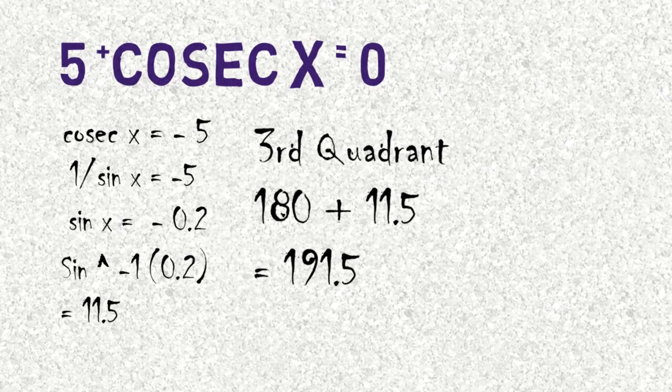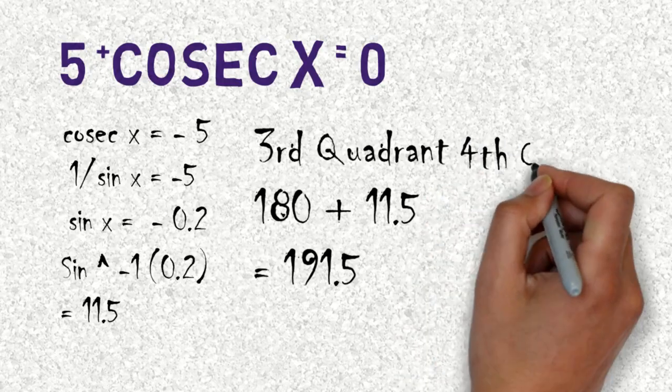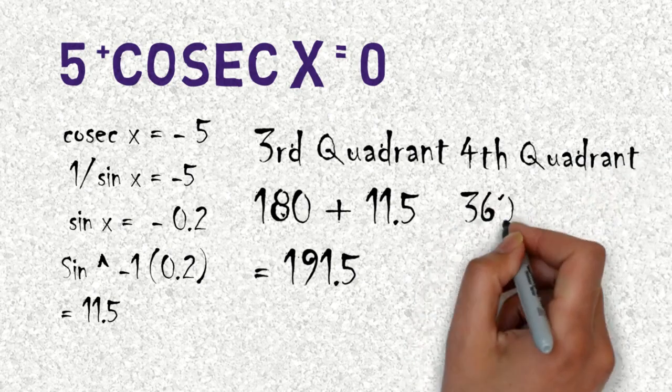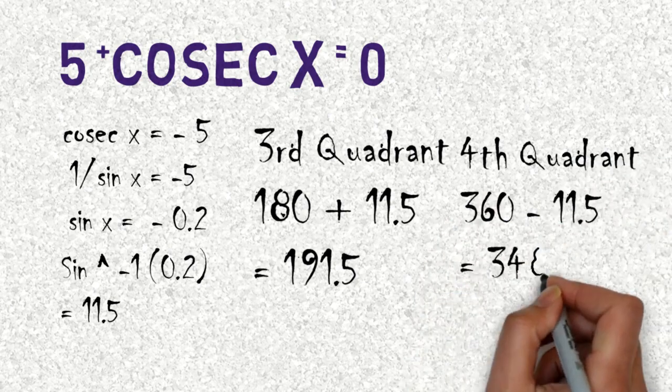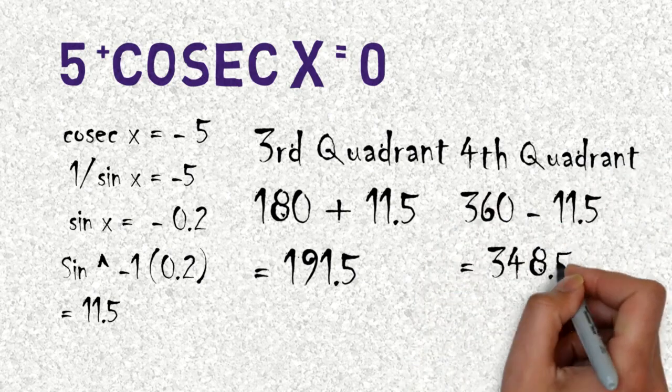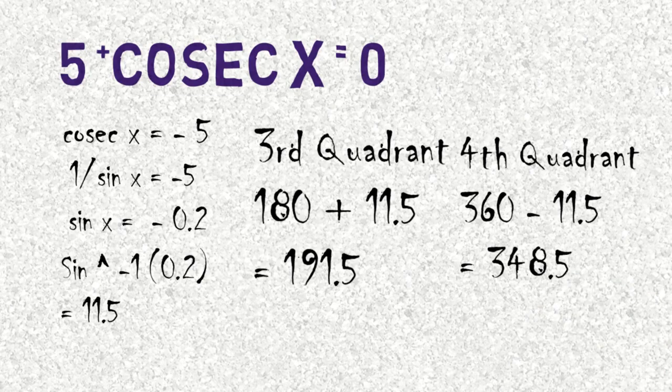Now we do the same thing for the fourth quadrant. The fourth quadrant is 360 minus the answer we got for the first quadrant, which will give me 348.5. So these are the ways we have got our answers for cosec and other trigonometrical functions.